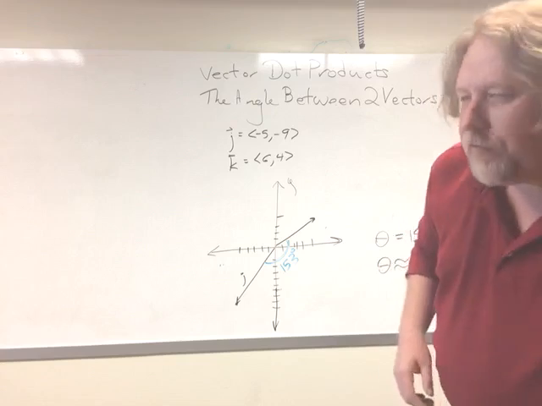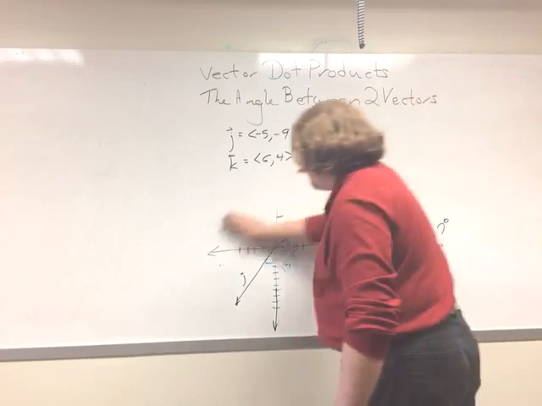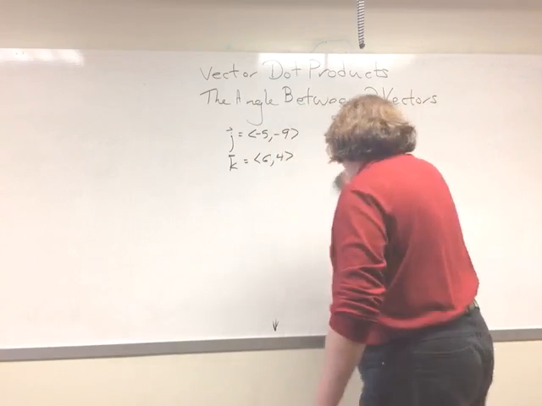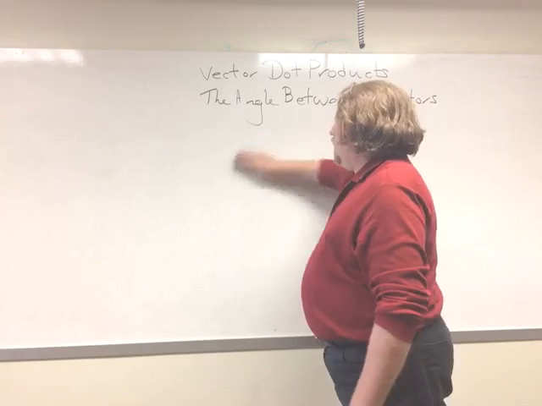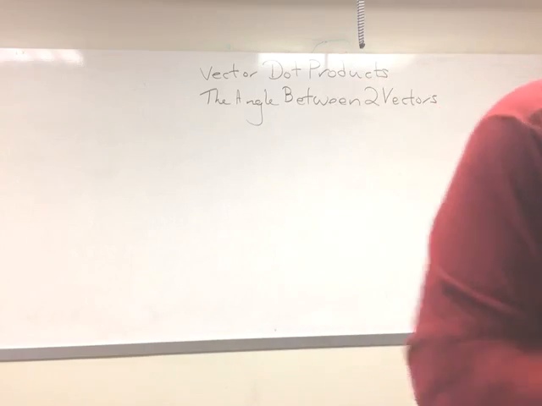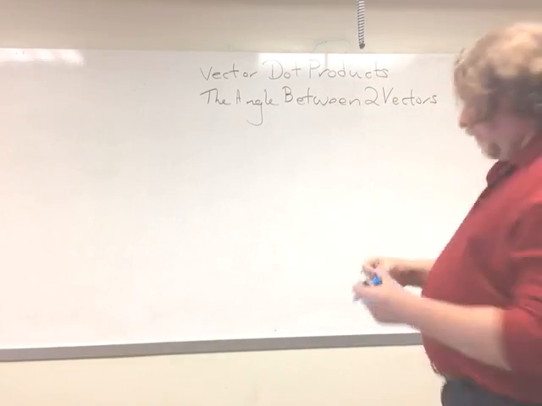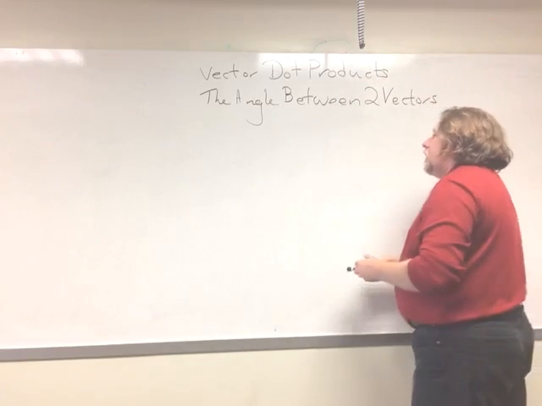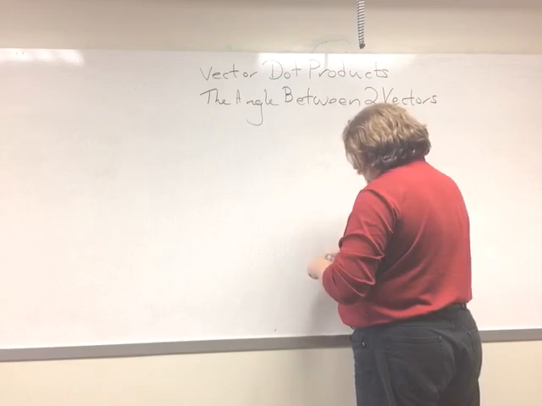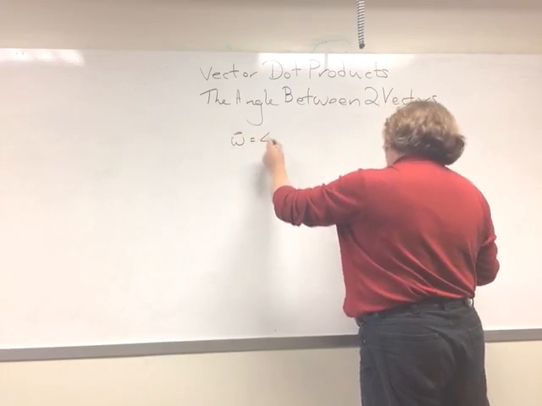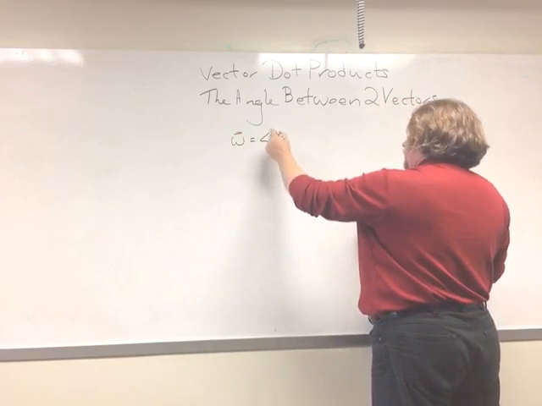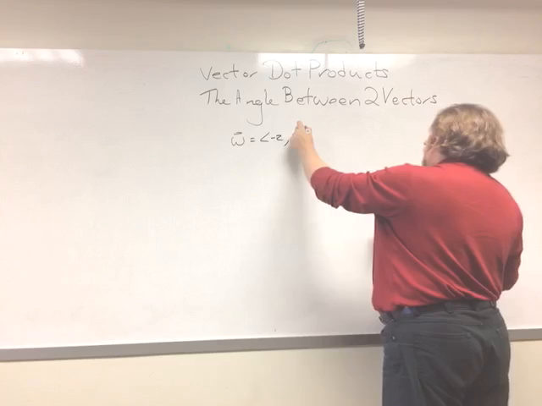Okay, now let's take a look at the other pair we had, the orthogonal pair. You'll recall we had vector W, and vector W was -2, 6.